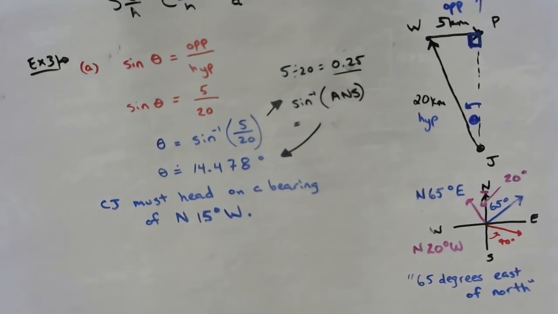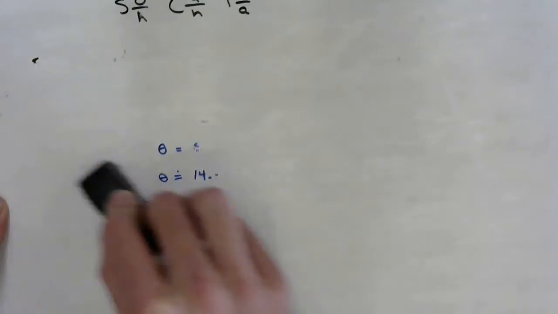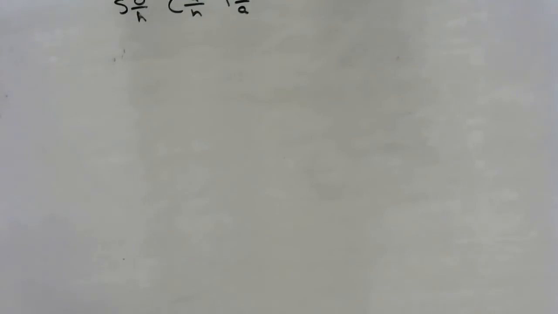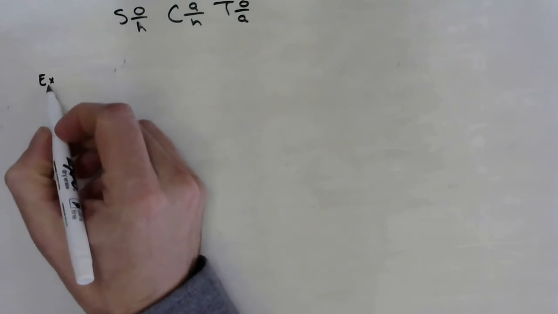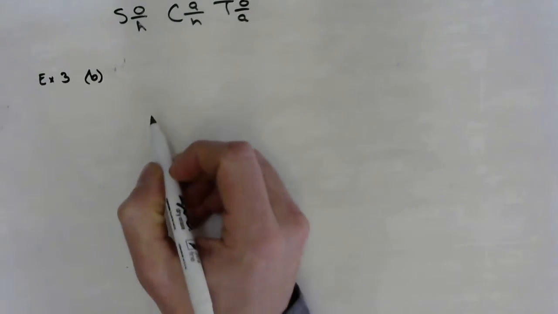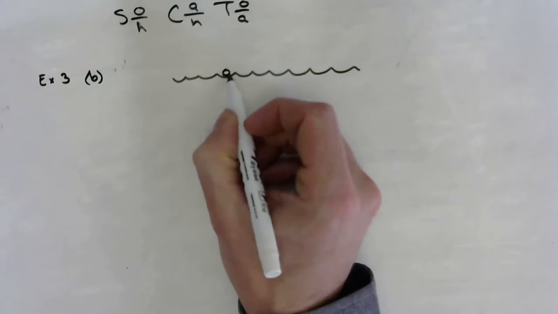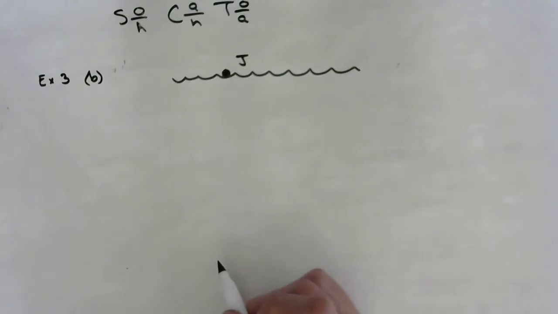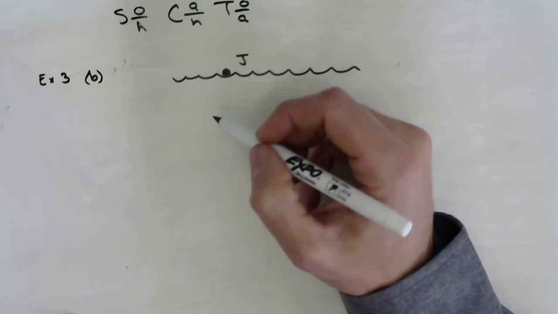So, again, I'll erase what I have here. This one's a little bit trickier to think about. We're going to always start these ones by drawing a picture. Example 3b. So we've got Jack. He's up here.